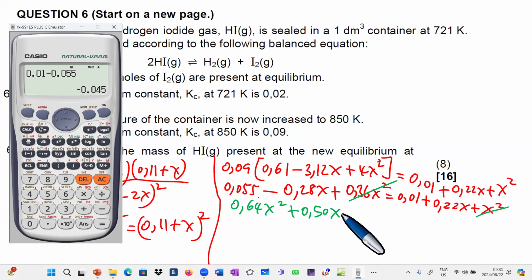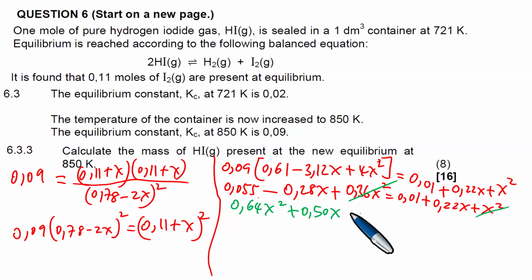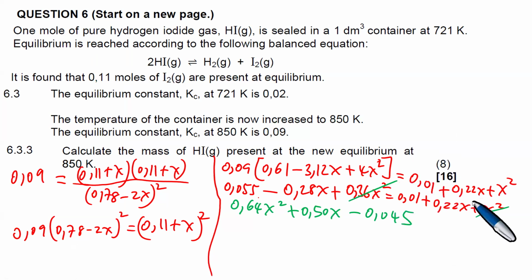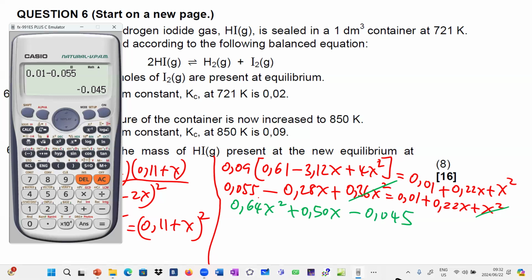Let me just check there. Minus 0.045, and this equals 0.